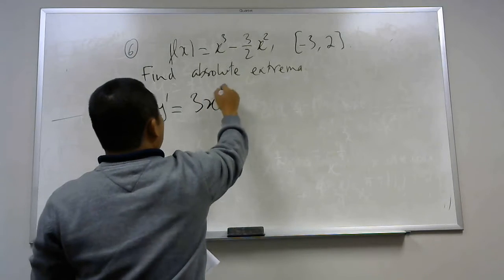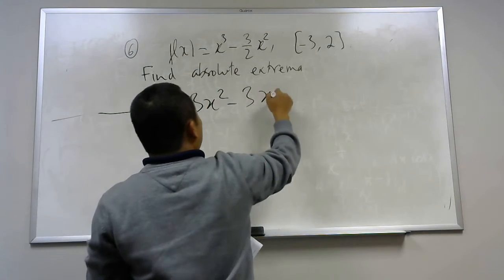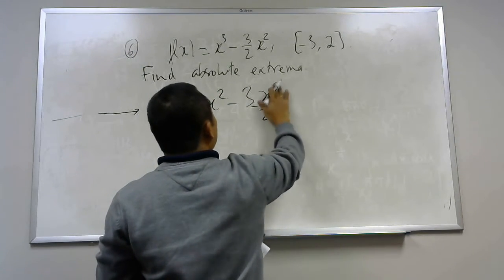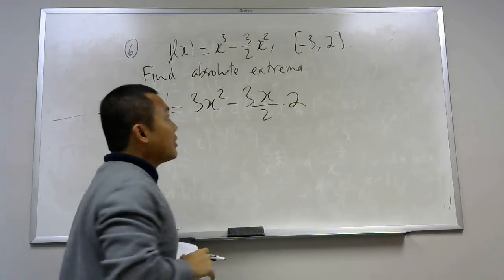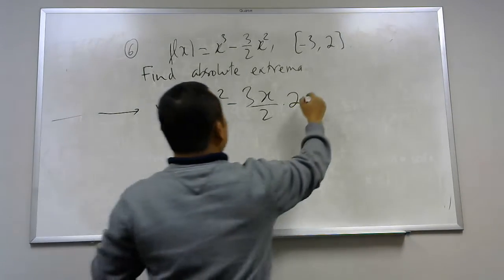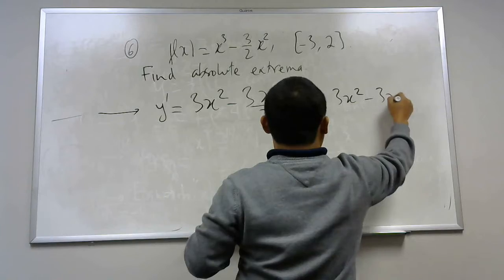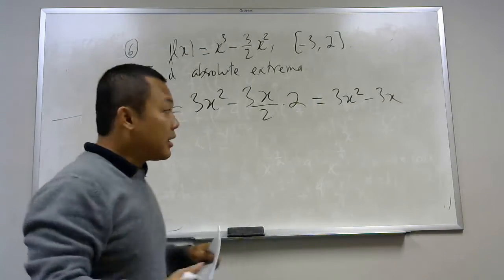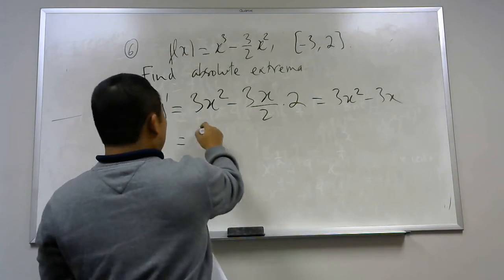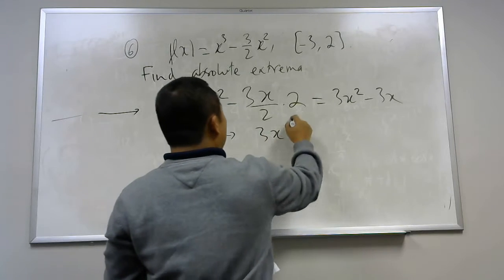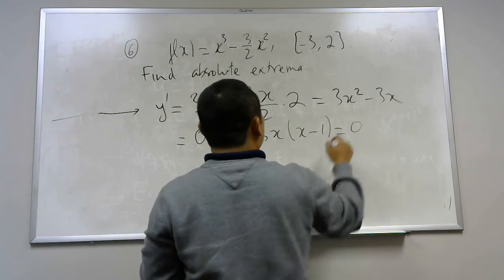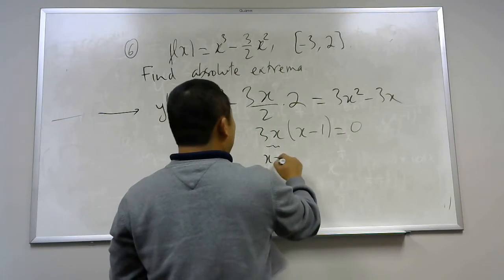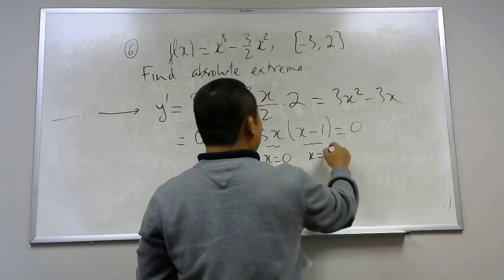That is 3x squared minus 3x squared over 2 times 2, right? Just 2 times. And then we have 3x squared minus 3x. So you set it equal to 0, you get 3x times (x minus 1) equal to 0. From here you get x equal to 0 or x equal to 1.